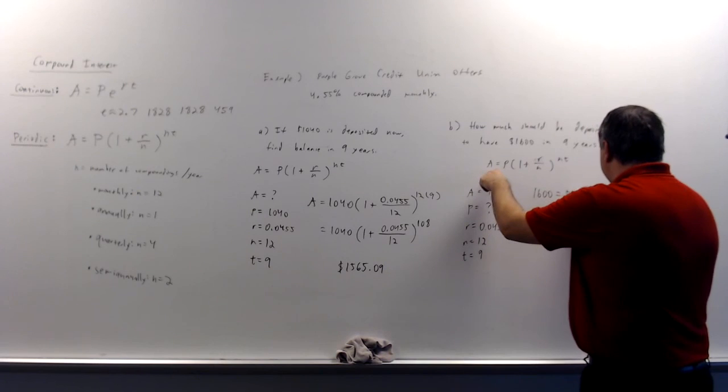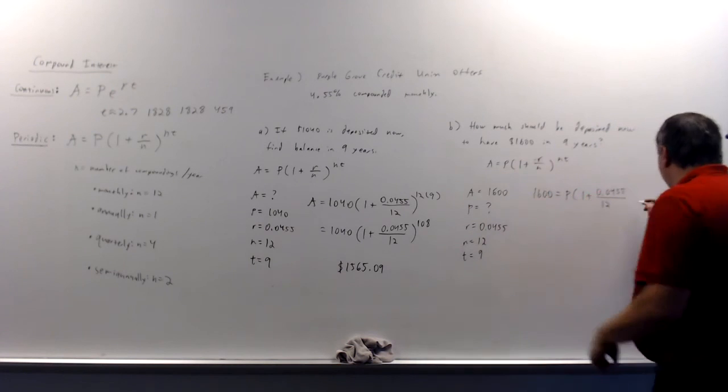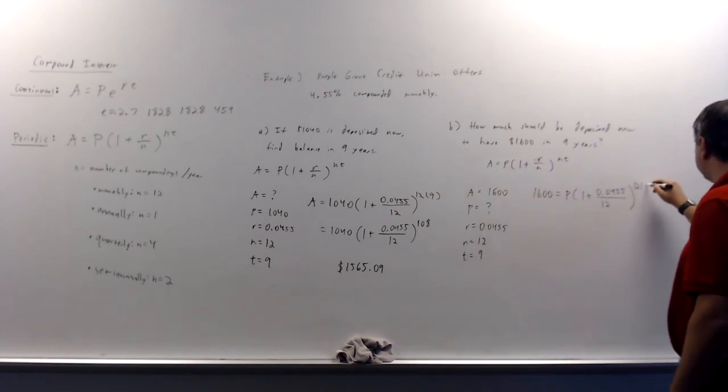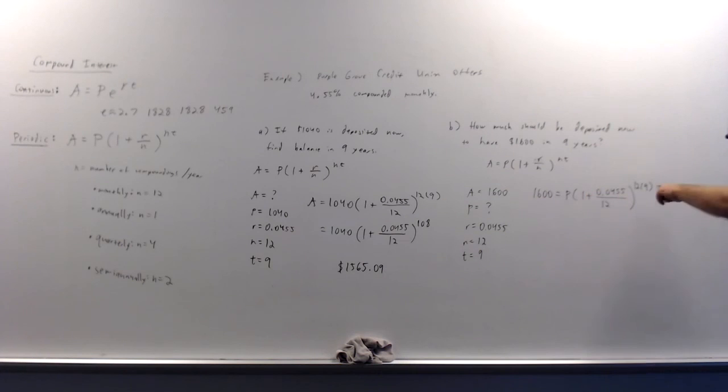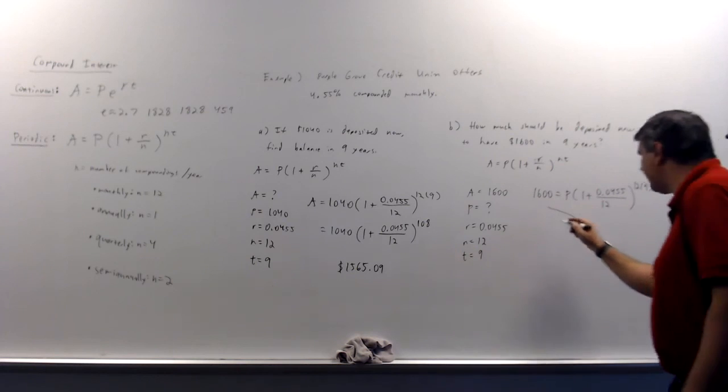So I want to know: 1600 equals P times 1 plus 0.0455 divided by 12, to the 12 times 9th power. Clean that up, and since P is my unknown, I'm going to switch the sides. I hope everything is still visible on screen. It is, good.